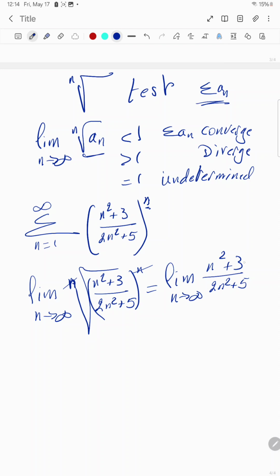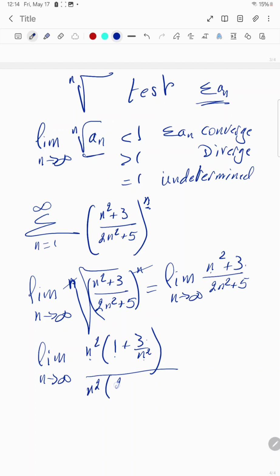And here I can factor out my n square, so it becomes the limit when n goes to infinity of n square times (1 plus 3 divided by n square), because if I multiply n square by 1, I have my n square here, and n square by 3 over n square, I get my 3. Same logic here, I put n square and I have (2 plus 5 over n square), and here the n square and n square I can simplify.